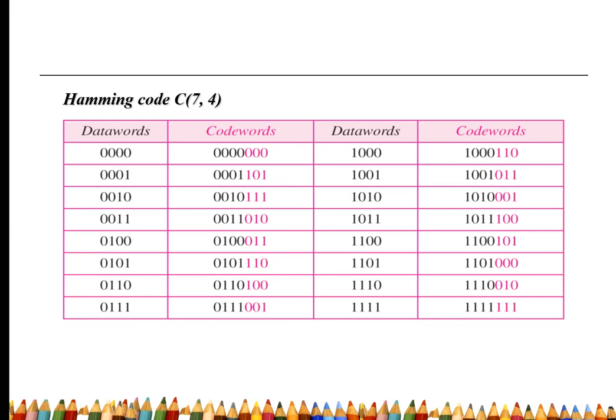Devise some other code, like for example Hamming code 7,4. In 7,4 code, it similarly adds 3 more bits, because the 4 is the data word size, right?